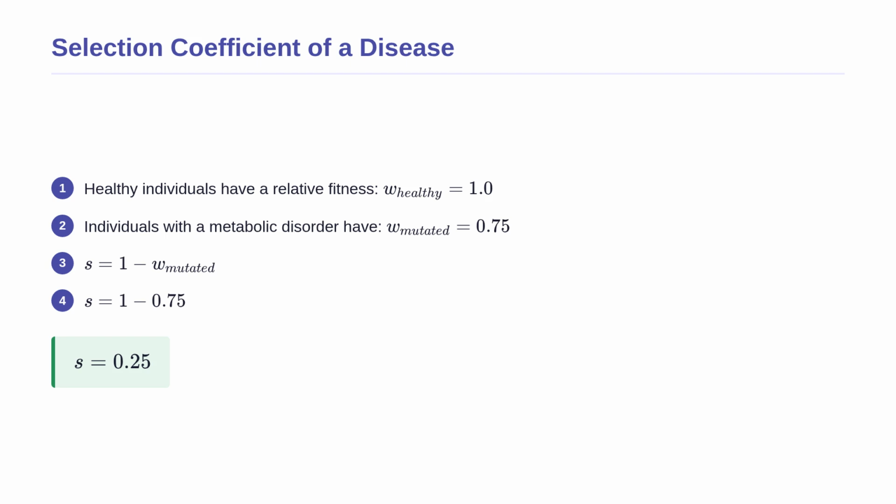We need to calculate the selection coefficient to quantify the evolutionary pressure against this disorder. We subtract the mutated relative fitness from 1. 1 minus 0.75 gives us a final answer of 0.25. Physically, this means individuals with the disorder suffer a 25% reduction in reproductive success.